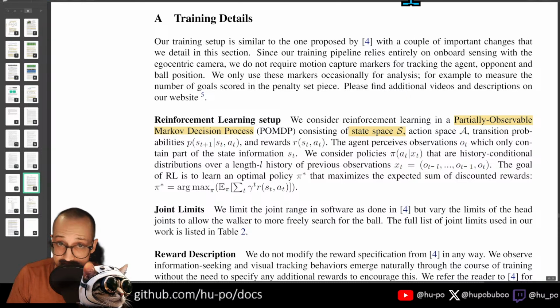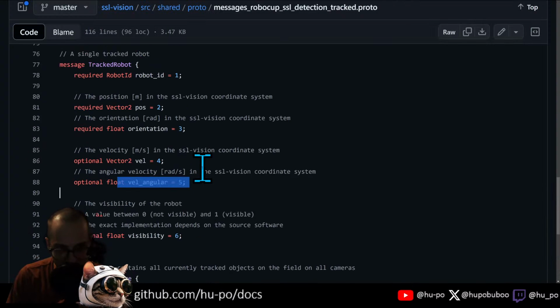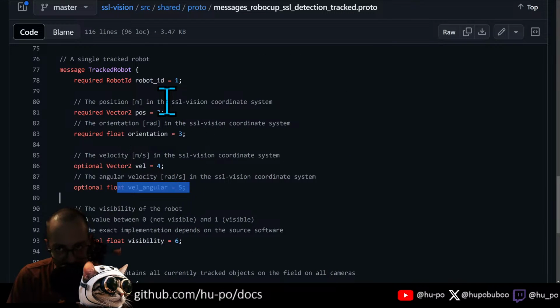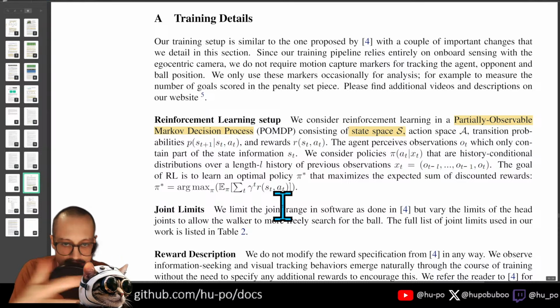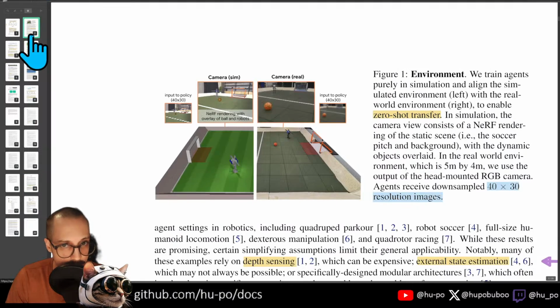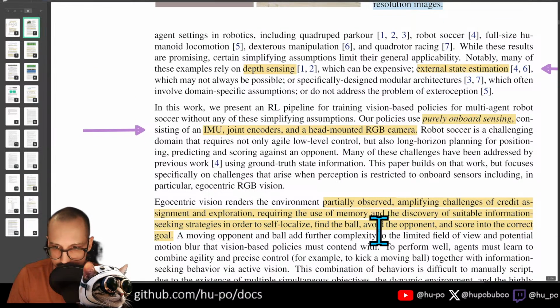The real state space would be the position, velocity, and orientation of every single robot and the ball and everything, so the explicit state of the entire system. But you only have a camera which is partially observing some of that. It only has a guess of that. It's only looking at a subset of the information that describes the whole state. So that's why this is a partially observable system.